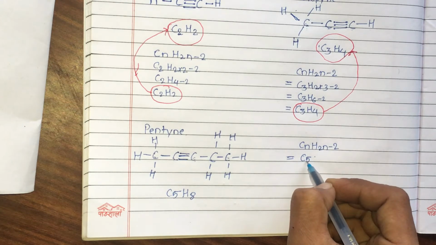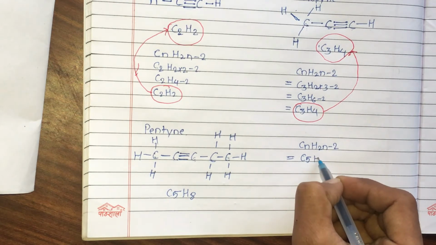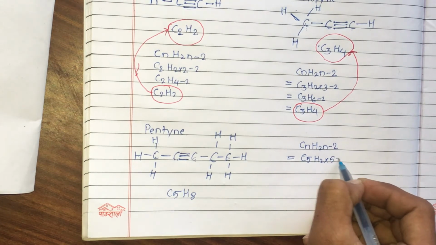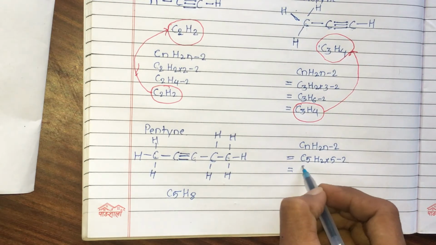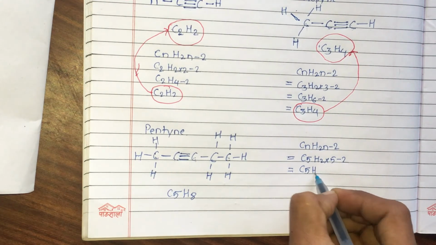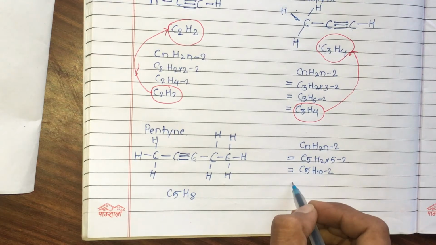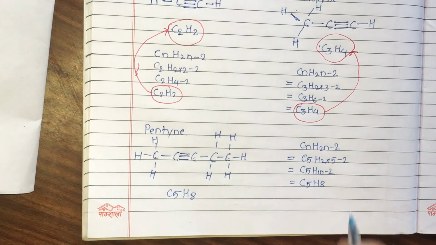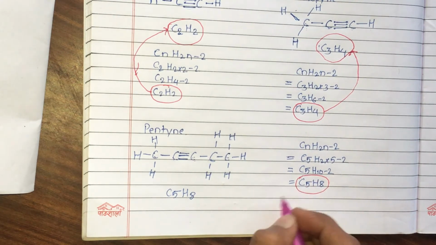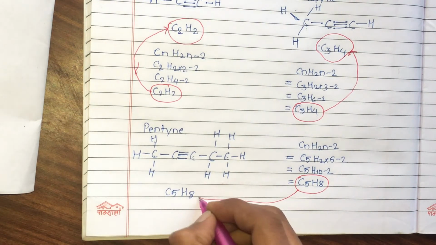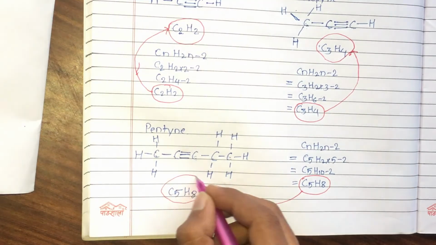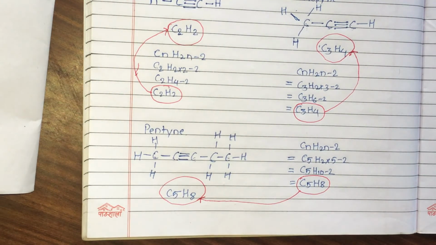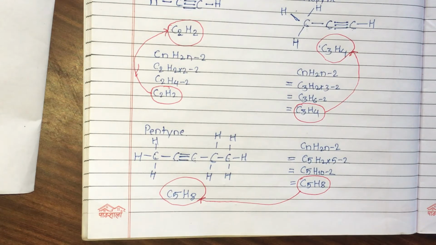So we write here C5H2 into 5 minus 2, C5H10 minus 2, C5H8. Okay, and which is matching with this one. So here we conclude that our formula is right.